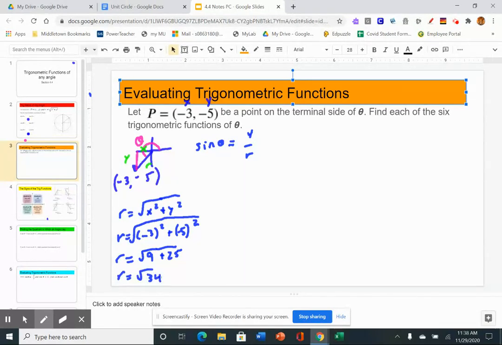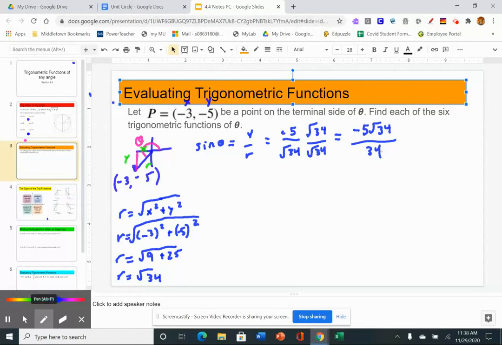So for this sine ratio, y over r, we're going to have -5 over root 34. Now keep in mind we cannot leave the root 34 in the denominator, so we have to rationalize the denominator by multiplying top and bottom by root 34 over root 34. So your final answer is -5 root 34 over 34 after you rationalize.